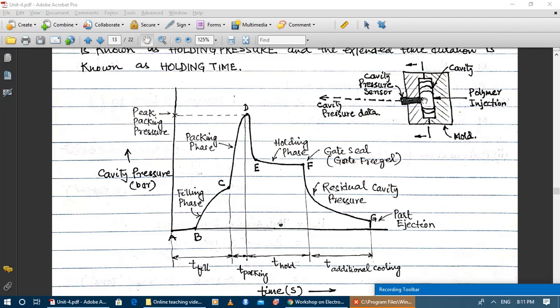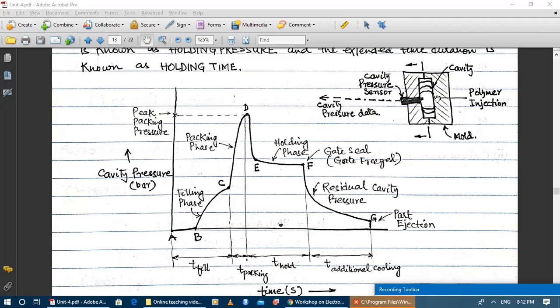When the entire cavity is filled, you have to wait till the gate is completely frozen, and for this we have to apply the holding pressure for the duration of holding time, so that the gate is completely frozen.